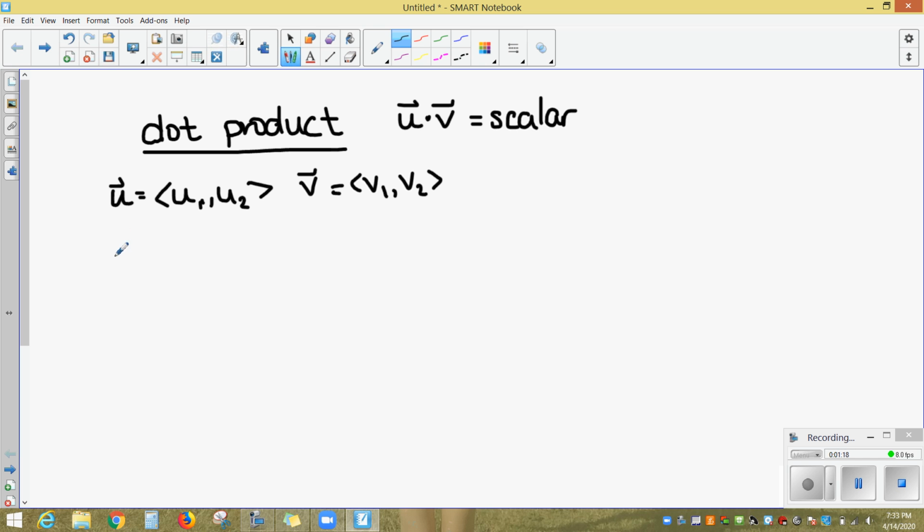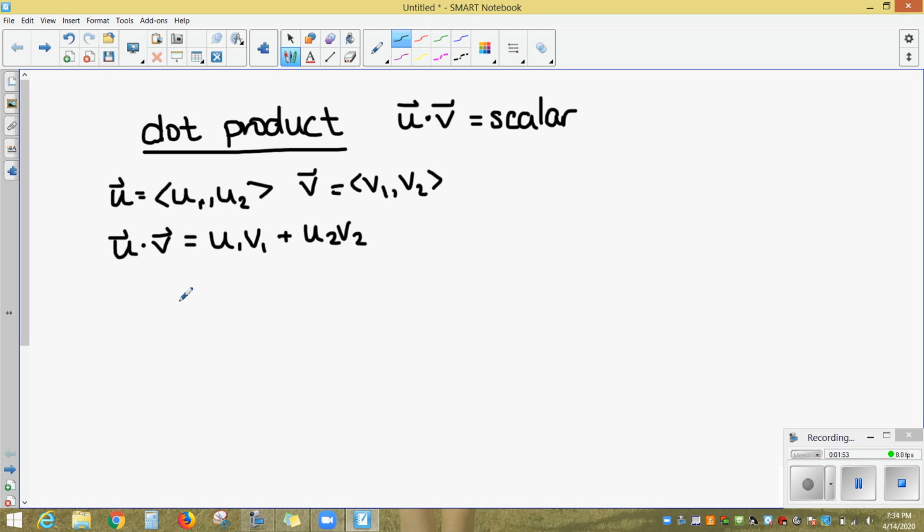When we want to find the dot product of those two, the way we do that is we multiply the first components, so u1 times v1, and then we add to it what we get when we multiply the second components, u2, v2. For any of you who saw matrix multiplication in your college algebra class, it's a whole lot like multiplying matrices together. So the first times the first plus the second times the second.